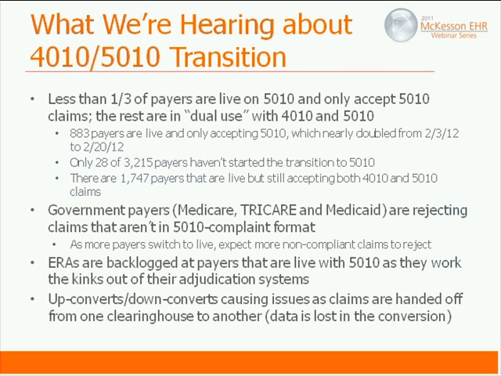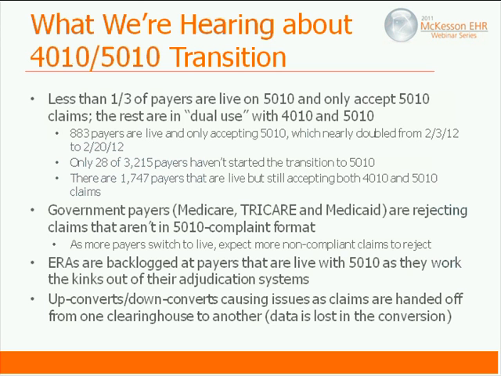As you can see, if you look at that third bullet down, there are 1,747 payers that are live on 5010 but still accepting 4010 and 5010 claims. So the reason that's important is that if you're using non-compliant software and submitting 4010 claims to your clearinghouses and assuming that they're getting up converted to 5010 and being paid perfectly fine, that may or may not be the case depending on whether or not that payer is allowing them to continue to send 4010 claims.